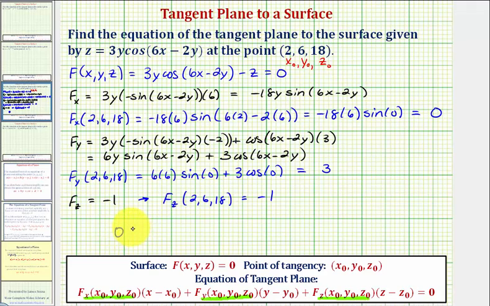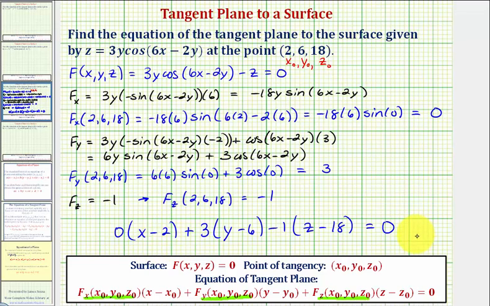So we'd have 0 times the quantity x minus x sub 0, so we have x minus 2, and then plus the value of the partial with respect to y at the point of tangency, which is 3, so 3 times the quantity y minus y sub 0, that'd be y minus 6, and then plus the partial with respect to z at the point of tangency, which is negative 1, so we have minus 1 times the quantity z minus z sub 0, so we have z minus 18 equals 0.